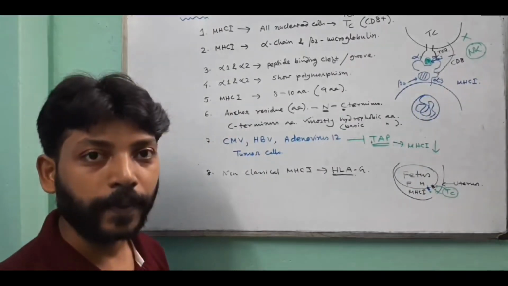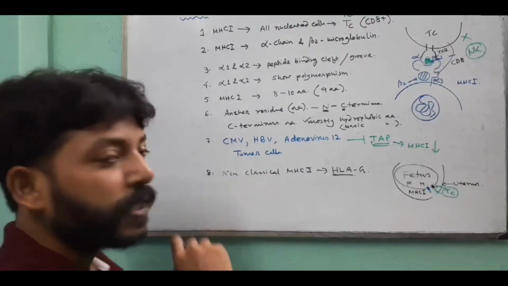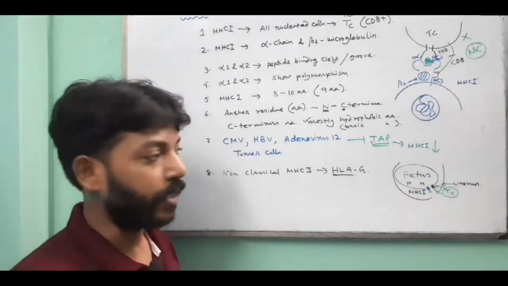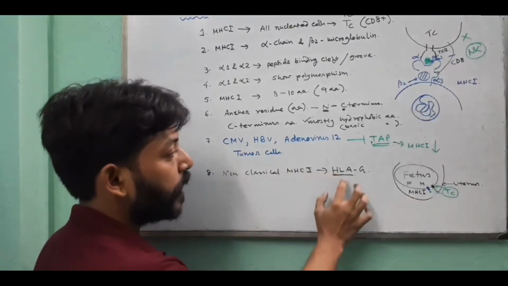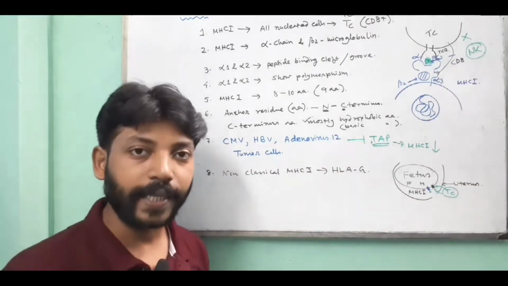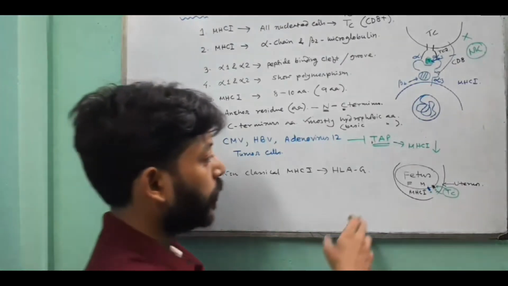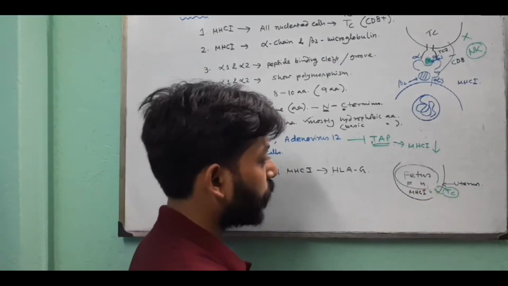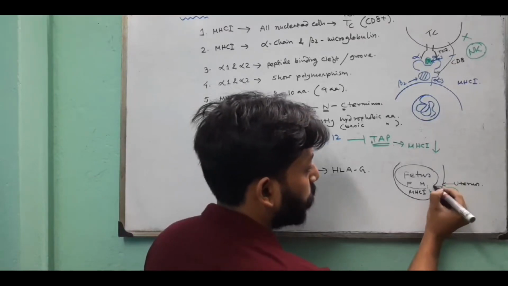But this is not occurring. Some molecule is actually responsible for inhibiting the cytotoxic T cells from killing. The example is HLA-G. This non-classical class 1 MHC molecule is present in the interface between the fetus and mother.